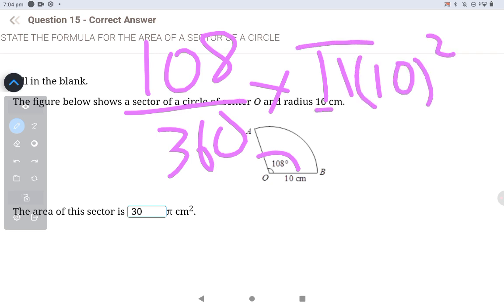When you do that on the calculator, 108 over 360 multiplied by pi times 10 squared, we get 30 pi. So the area is 30 pi centimeters squared.